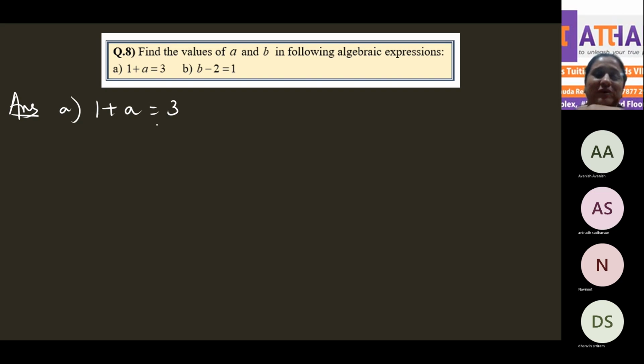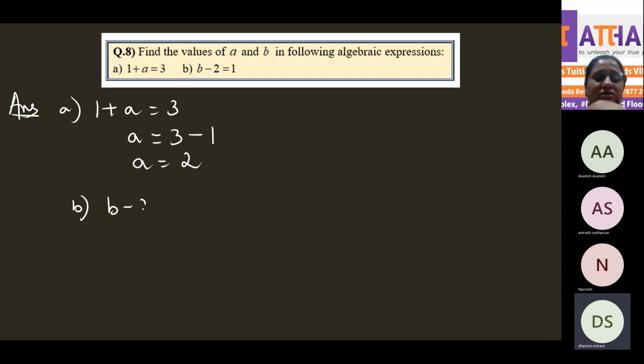Very good. So A is equal to 2. But how do you transpose and find the value of A? 3 minus 1. Very good. So write A is equal to 3. This plus 1, when it comes to the other side, will become minus 1. So A is equal to 2. The value of A is 2.